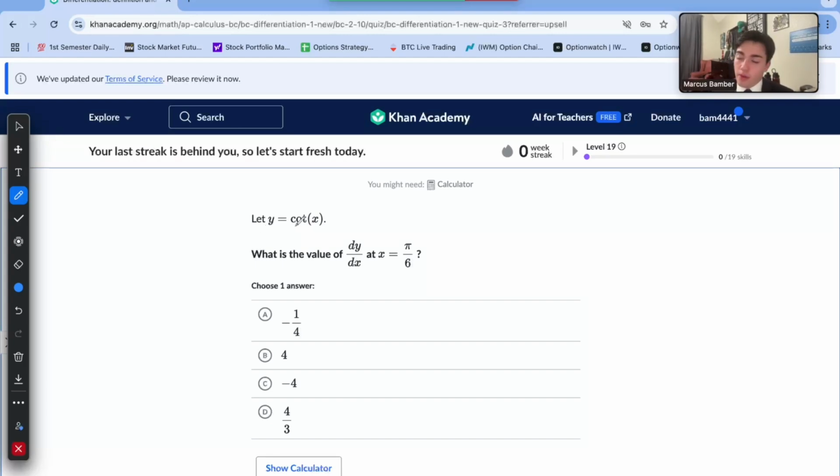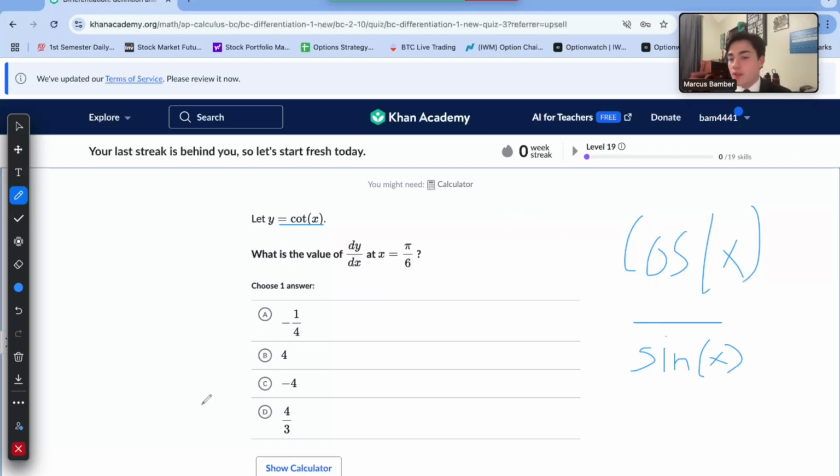How we would write this, we would express it in terms of sine and cosine. Just remember, cotangent of x is cosine of x over sine of x, so we can rewrite to this. And then notice we're going to have to do quotient rule here, right? We have two functions being divided by each other.